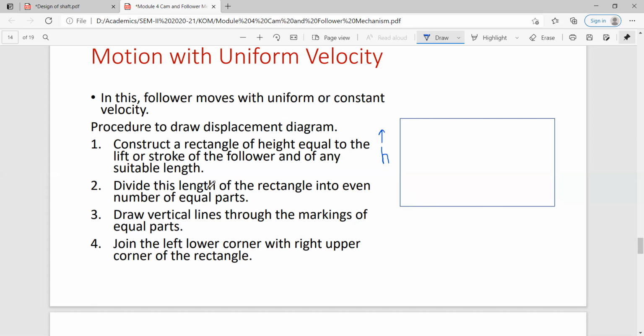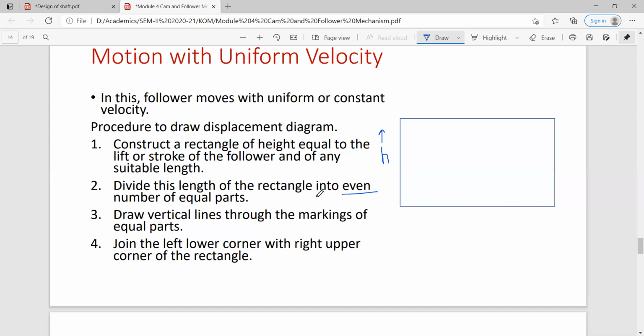Okay, so now next is what? Divide this length of the rectangle into an even number of equal parts. Means you have to divide it into 6 parts, or 4 parts, or 8 parts, an even number.